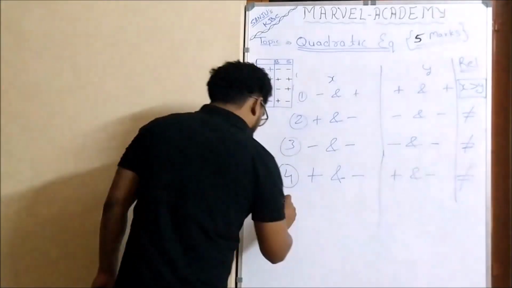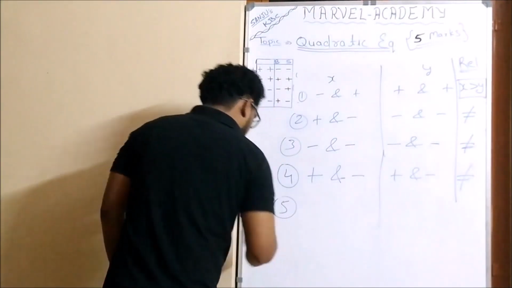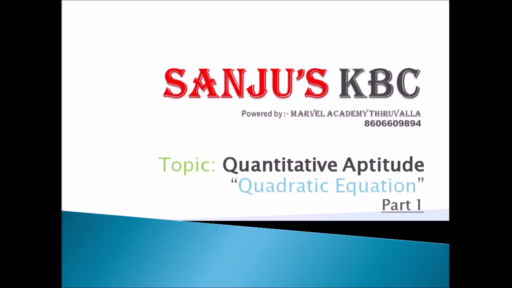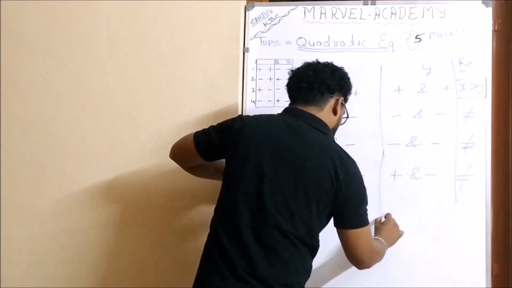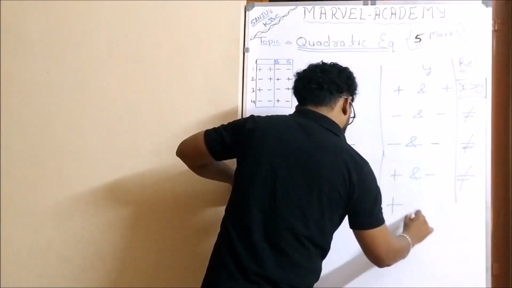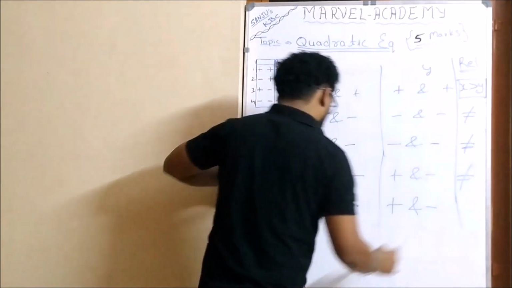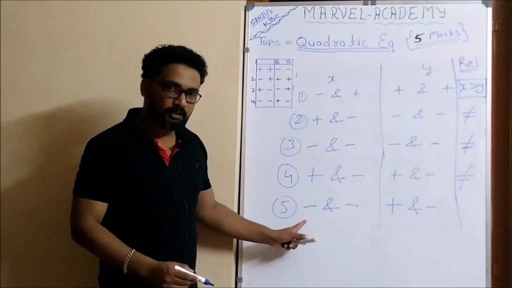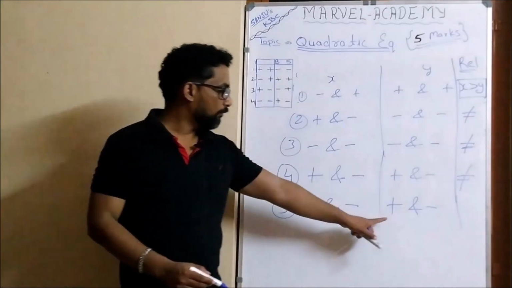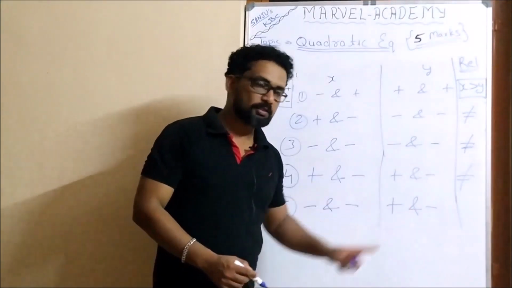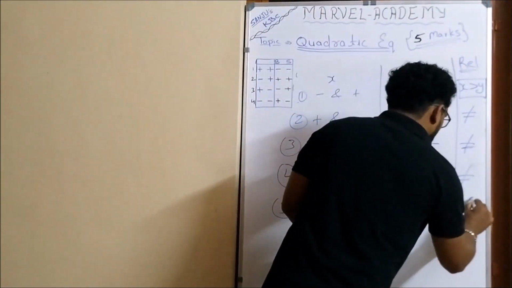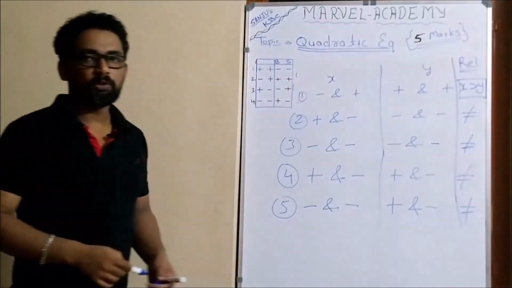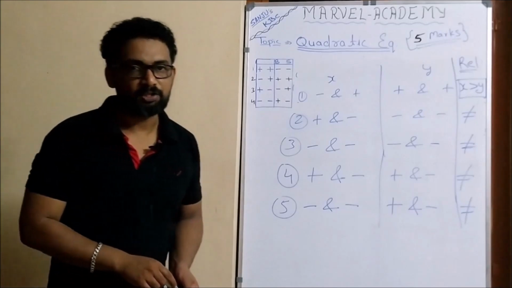The fifth relation is minus and minus, and plus and minus. When in the question the signs are minus and minus, and for y the signs are plus and minus, we directly can say that here also we cannot establish the relationship.